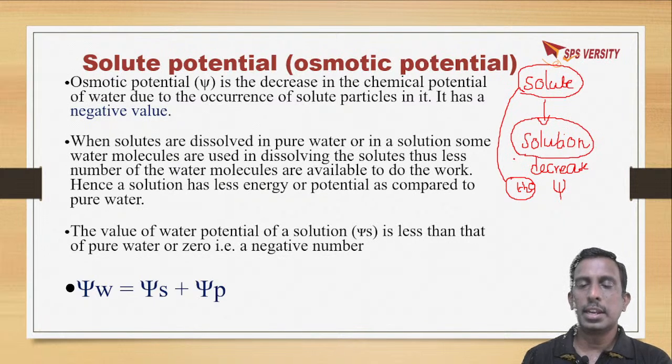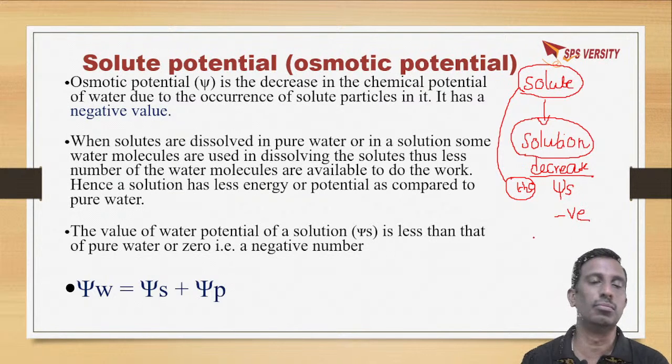This decrease in water potential on adding solute is called solute potential, or otherwise osmotic potential, and it is represented by the symbol psi s. As it is decreasing, the value of solute potential is always negative, because after adding solute the water potential decreases.